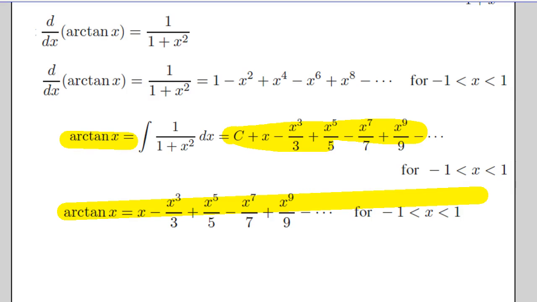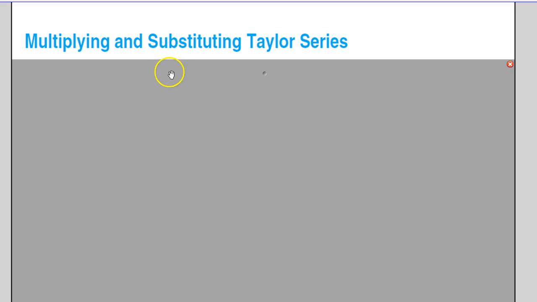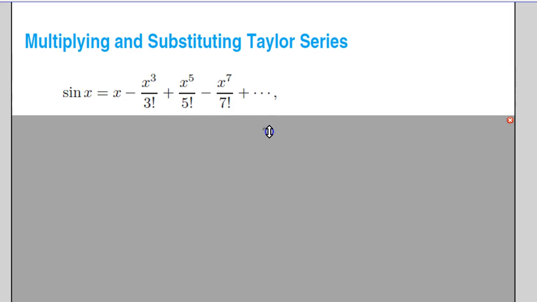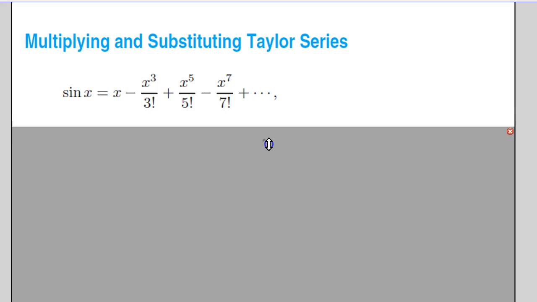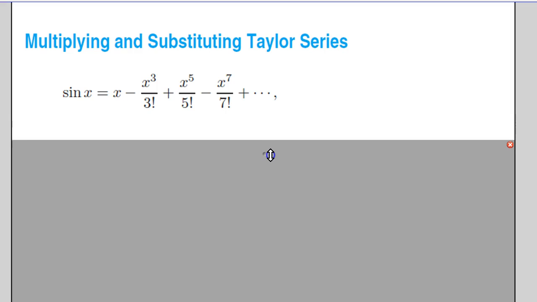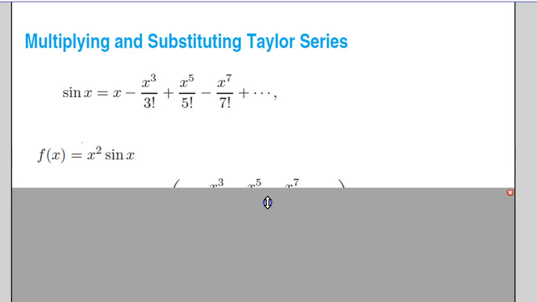All right, another question that came up, oh no, this one didn't come up, but how can we also use Taylor series to make life simpler if we're trying to find Taylor series of more detailed functions? Well, we can multiply and substitute. So here we have, of course, the Taylor series for sine of x, which I forget who did that. I think that was either John or Rick. I can't recall whose function that was, but it's on your foldable.